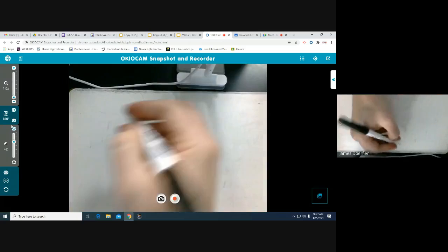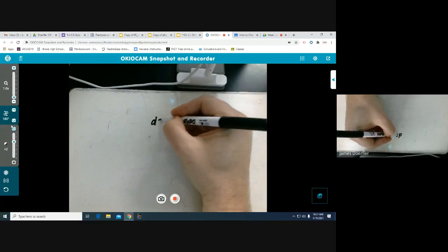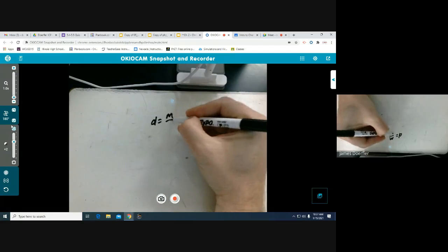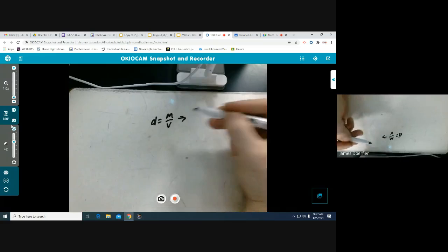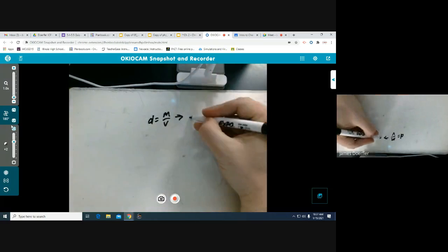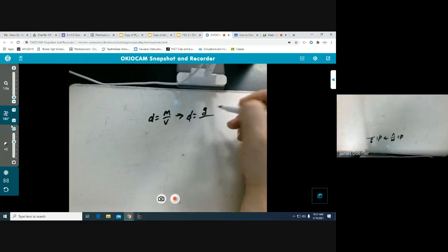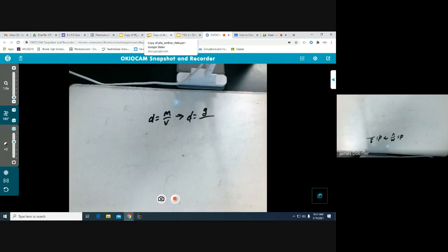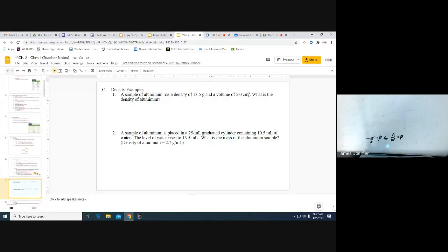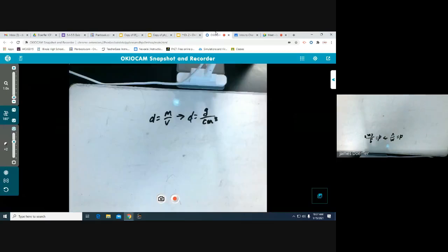All right, so again, density is equal to mass divided by volume. So what do we know? We know that mass is going to be in grams, and which unit did they use? They used cubic centimeters. Okay, so centimeters cubed.